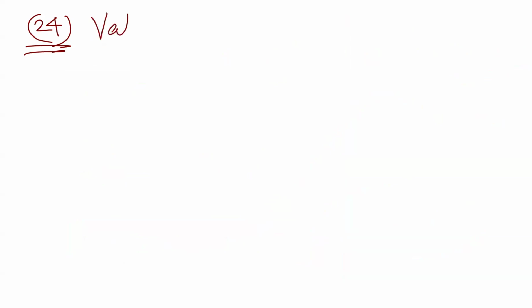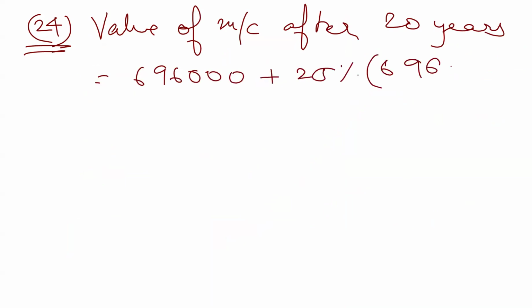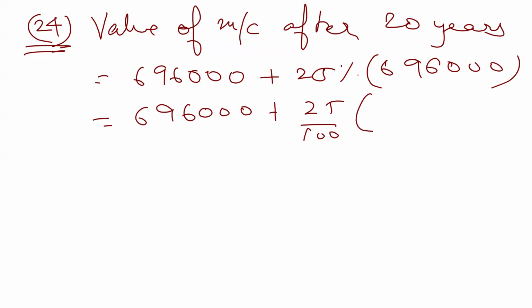So the value of the machine after 20 years is 6,96,000 plus 25% of the original value, that is 6,96,000. So 6,96,000 times 25 upon 100. The zeros are getting cancelled.